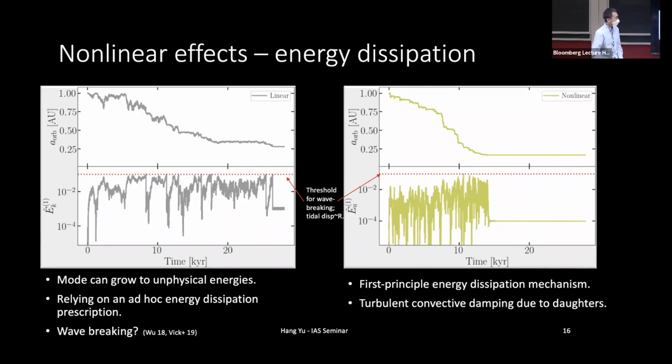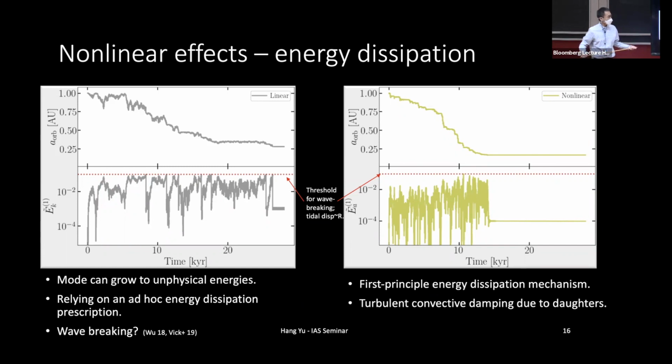Although this energy dissipation does not qualitatively change the evolution trajectory of the orbit, I would still like to say that it's significant from a theoretical point of view, because we now have a first principle mechanism for the orbital energy to be dissipated.